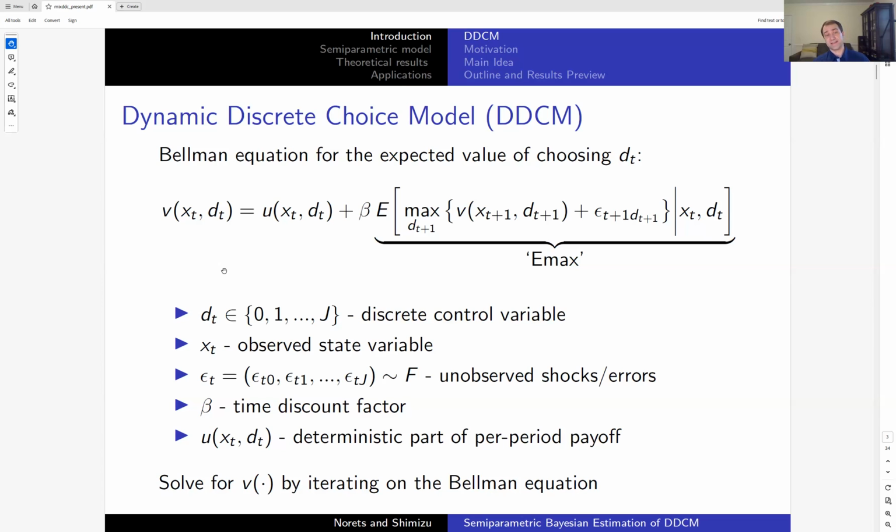Of course, when x is finite, it's just a system of nonlinear equations with a finite number of unknowns, and we can try to solve it using maybe Newton method, or we can combine value function iteration and Newton method. For a given parameter value, we can obtain the solution to the Bellman equation, and we then have an optimal choice. We'll just choose the alternative that gives us the largest value of v(x, d_t) plus epsilon_dt.